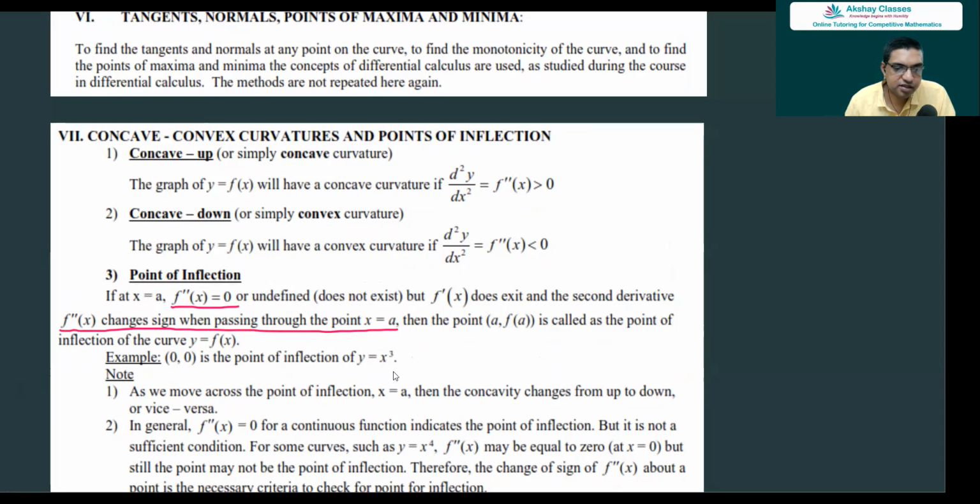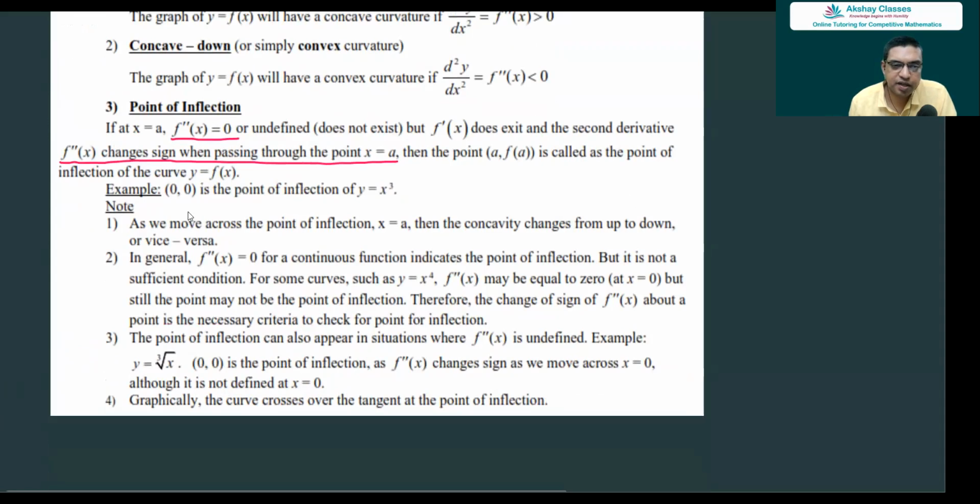So this we have discussed in the earlier class. For example, 0 comma 0 is the point of inflection of y equal to x cube. So basically the curvature changes from concave to convex or vice versa at the point of inflection.